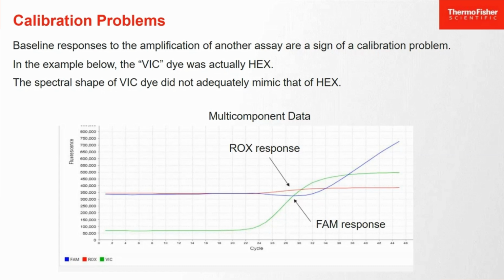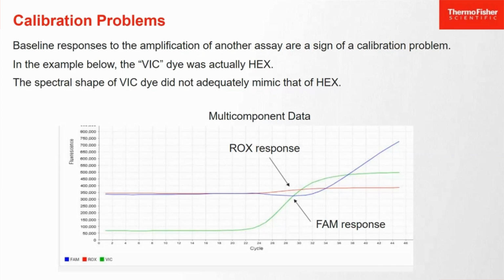So I want to show an example of a calibration problem. The symptom of a calibration problem is when the amplification of one assay causes a response in another assay that's not amplifying. And so in this example, VIC, which is colored green, is amplifying. This is causing a response in ROX.